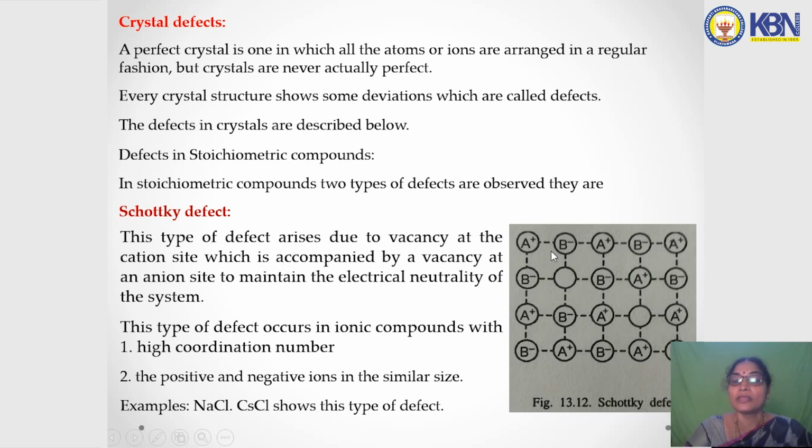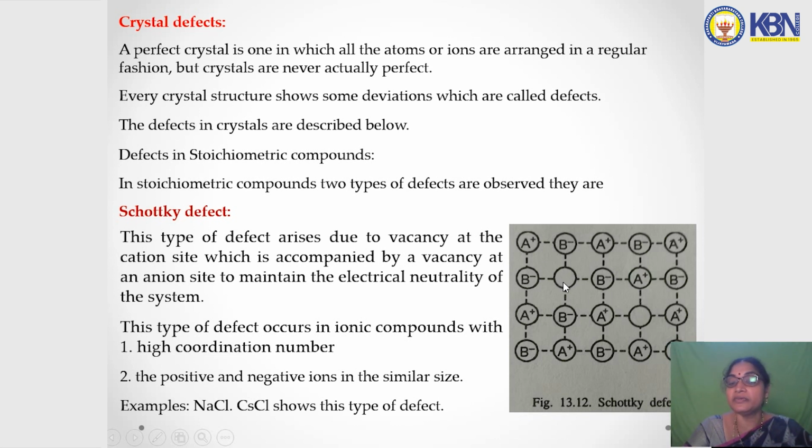See, in this diagram, we can see a vacancy at the cation site. To maintain the electrical neutrality, we can observe another vacancy at the anion site.